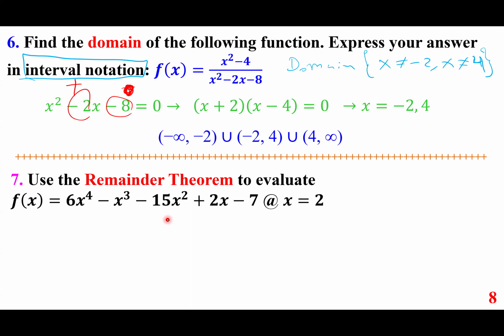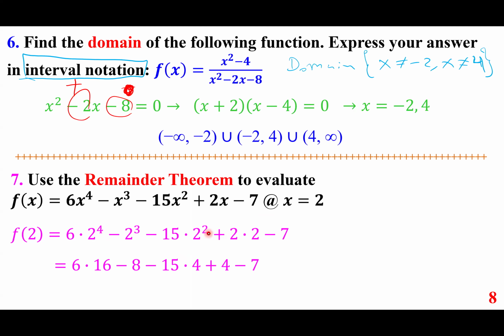So let's plug in. 6 times 2 to the power of 4 minus 2 cubed minus 15 times 2 squared plus 2 times 2 minus 7. 2 to the power of 4 is 16, 2 to the power of 3 is 8, 2 squared is 4. This gives us 96, this is -8. This gives us minus 60 plus 4 minus 7. And they add up to 25.